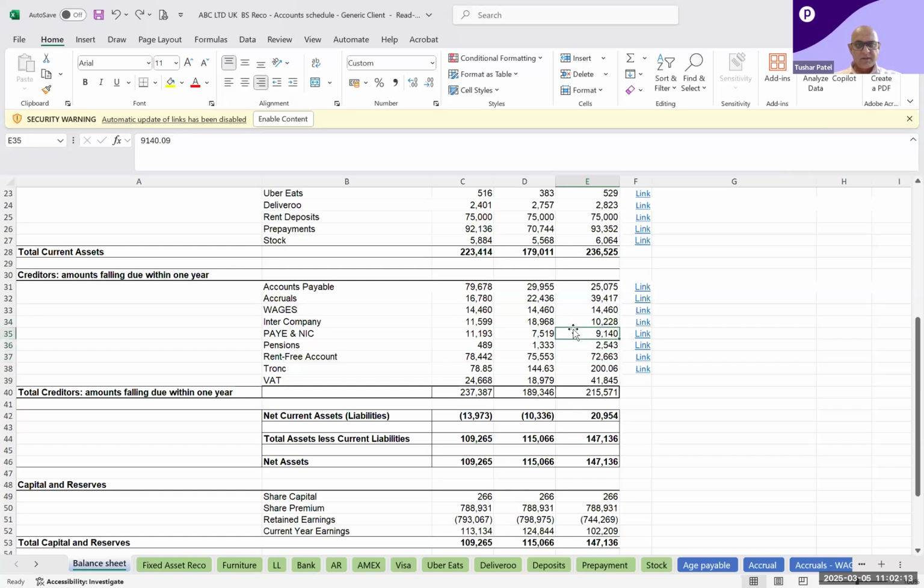I've covered off pensions and PAYE, which is the timing issue. Then the rent-free period. What happens on new leases is that you'll have a period where the landlord may grant you a rent-free period.